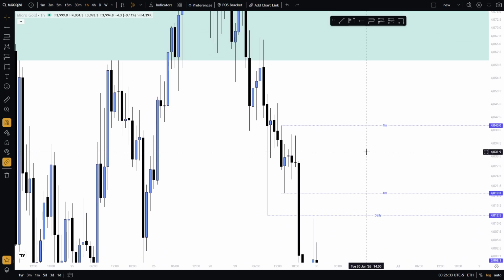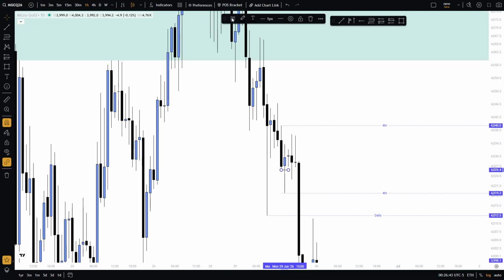Now the market opened in a bullish momentum. This was indicated by this sweep of liquidity right here on the 1 hour time frame, which targeting the range of this candle.